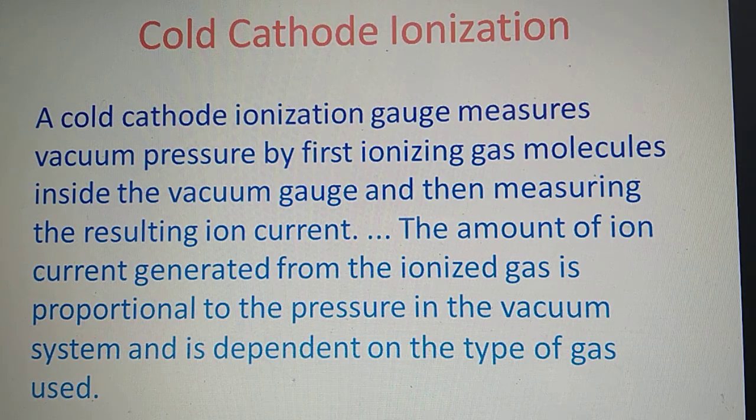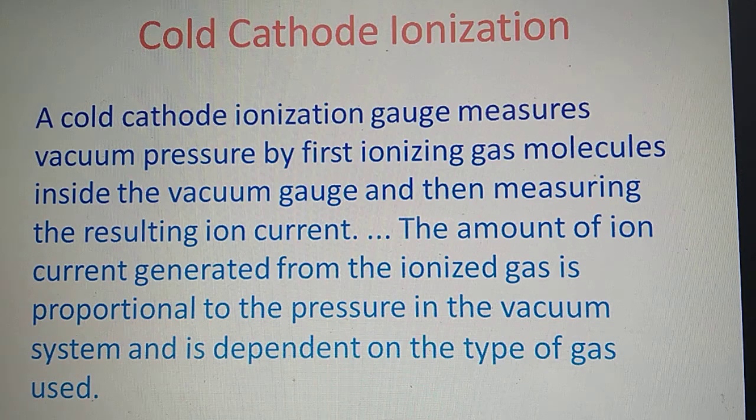What cathode ionization we have studied last time, and based on the same, we have studied one kind of gauge. A cold cathode ionization gauge measures the vacuum pressure by ionizing gas molecules inside the vacuum gauge and then measuring the resulting ion current.